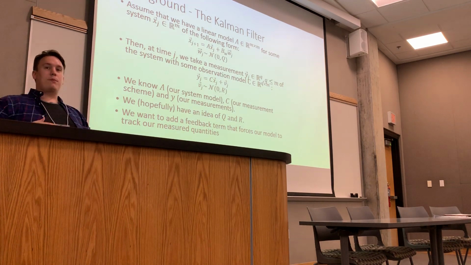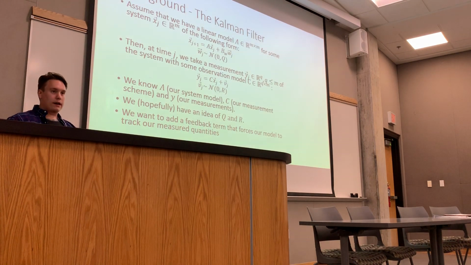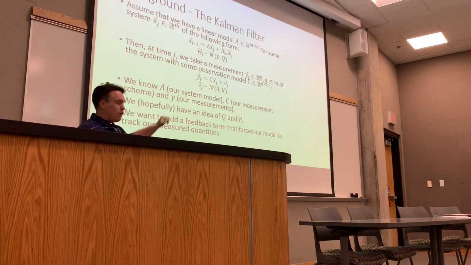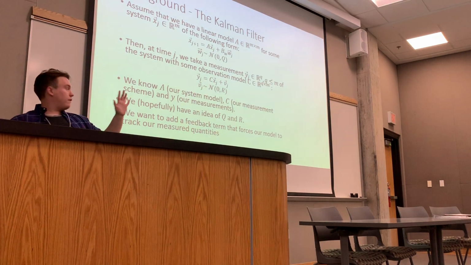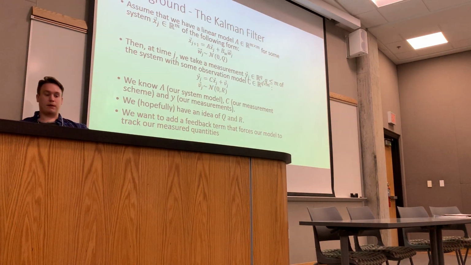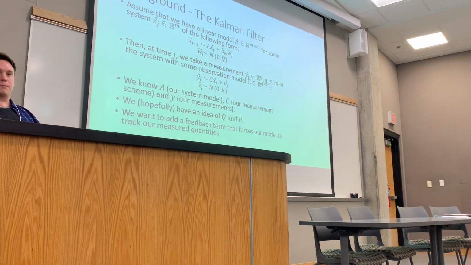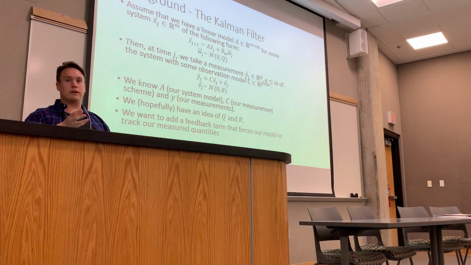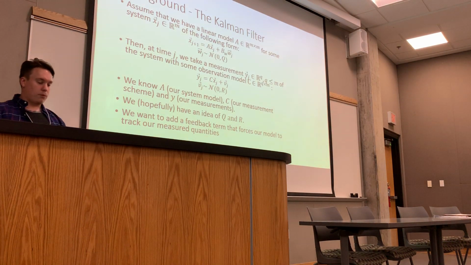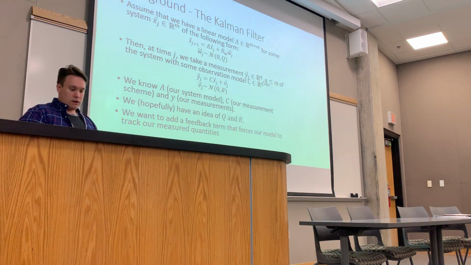At any point in time, we can take a measurement of that actual quantity, and that's also going to have that random noise associated with it, this V term, and that V term is also normally distributed with covariance R. So we're assuming that our measurements are always going to be centered around where the actual value is, and their errors are going to be centered around whatever the actual value is.